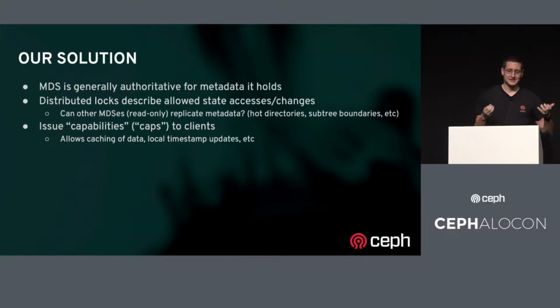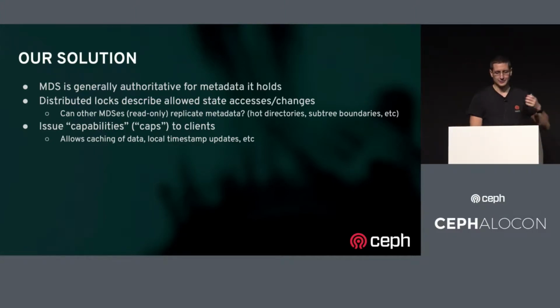So in CephFS, the MDS is authoritative for metadata that it holds and that it shares out to clients. We have distributed locks running within a single MDS and across the MDS cluster that describe how the state that lock controls on the metadata can be accessed or changed.